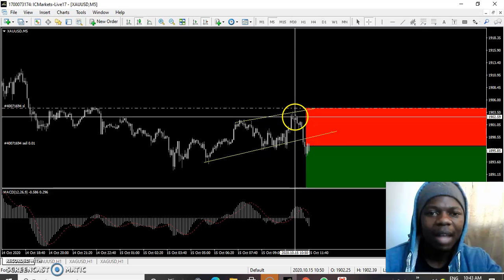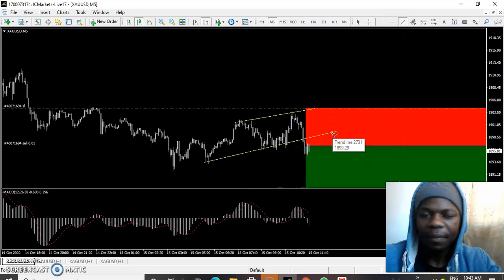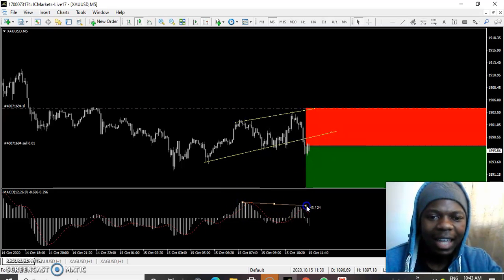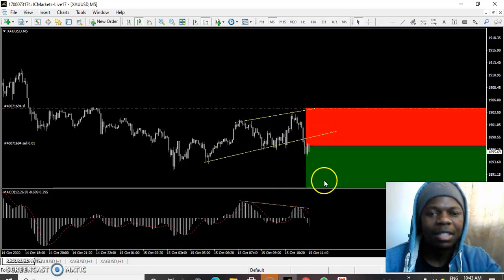Okay, uptrend. But on the MACD, the contrary is actually happening: a lower high or a higher low. You see, from here to here, something is wrong. The chart and the MACD are not in sync, so hence divergence, reversal upcoming. Okay, this is just something extra.